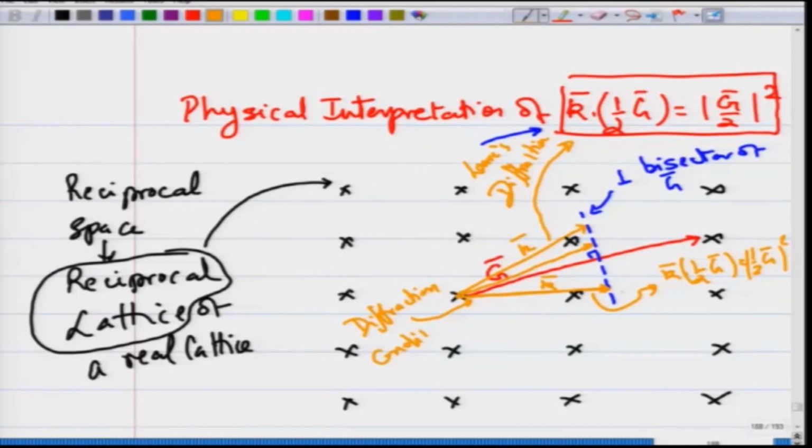So, these waves which are going to get reflected from here will undergo diffraction as they get reflected from this plane.